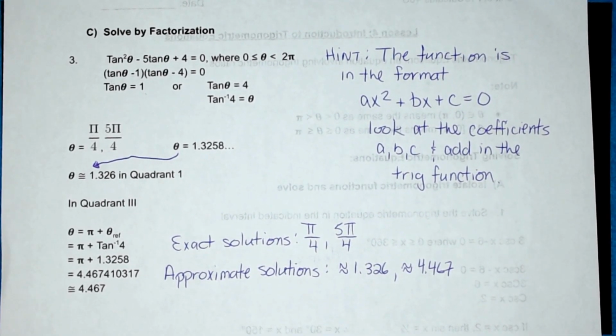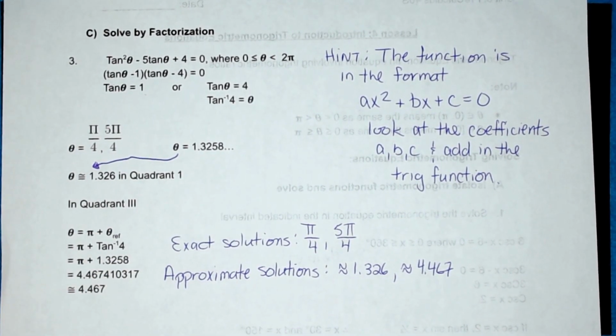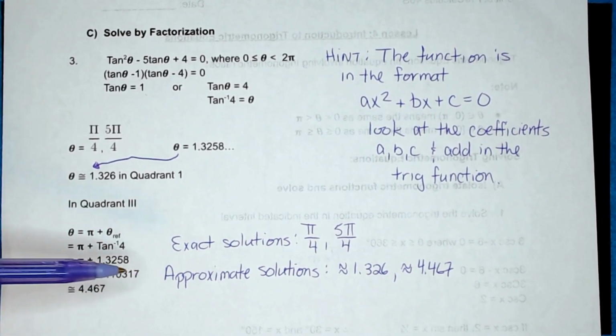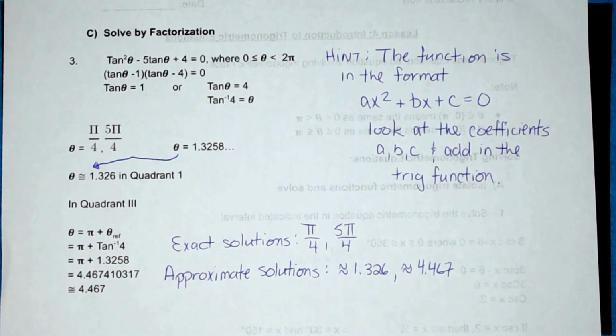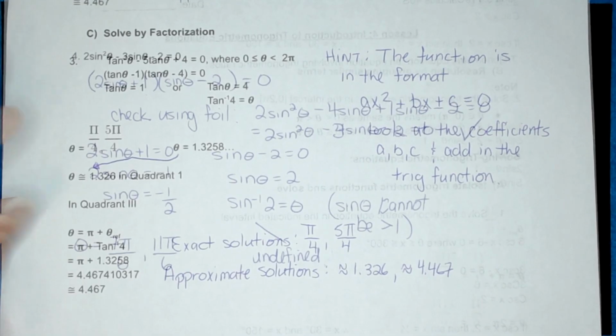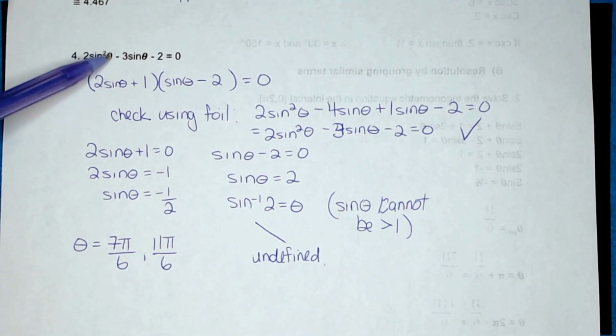Although they take you to the same place, the exact solutions we would be considering would be the ones that give us pi over 4 and 5 pi over 4 radians. Our approximate solutions, which we'd use the calculator for, would be 1.3 and 4.5-ish rads.